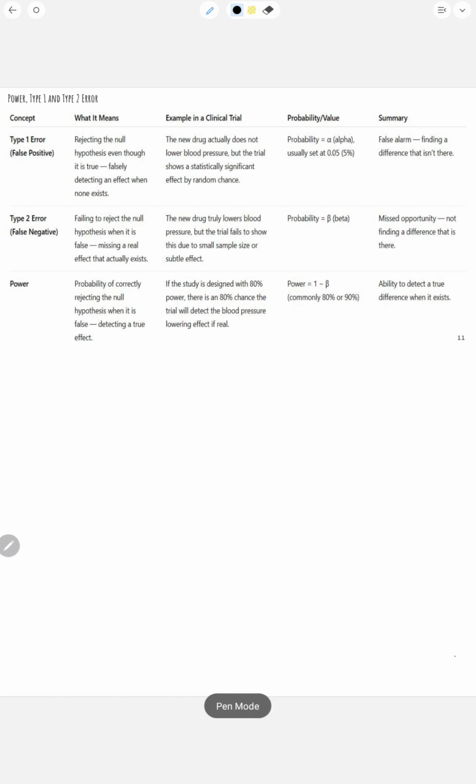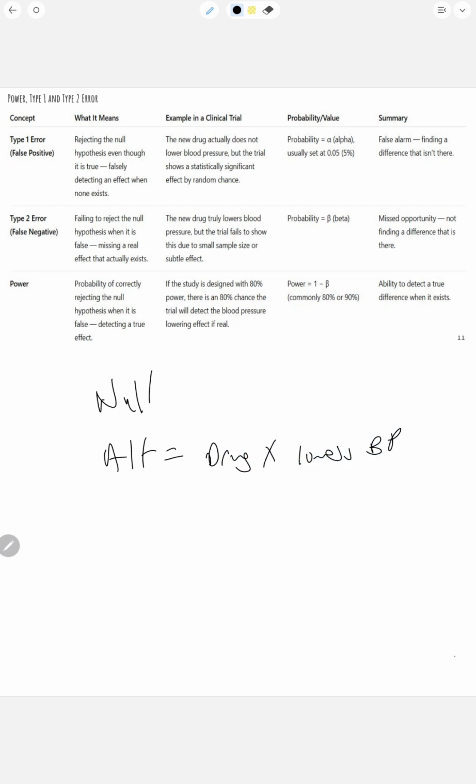Remember, you're going to have your null hypothesis and your alternative hypothesis. Your alternative hypothesis is the study that you're trying to do, right? For example, in your study, you think drug X lowers blood pressure. So this is your alternative hypothesis. So the null hypothesis is just the opposite of this, meaning drug X has no effect on blood pressure.